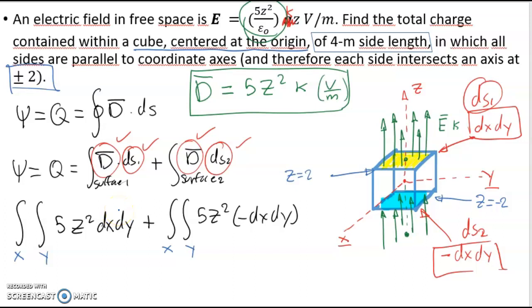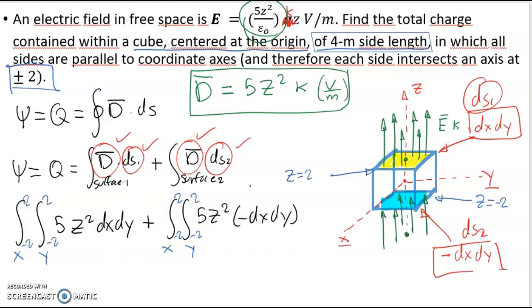From where to where? If we have sides of 4 meters length, we could go from minus 2 to 2 or 0 to 4. However, since the cube is located at the center, to obtain a total of 4 length in each direction, we will go from minus 2 to 2 for both x and y in each. They seem to be the same, and they pretty much are.